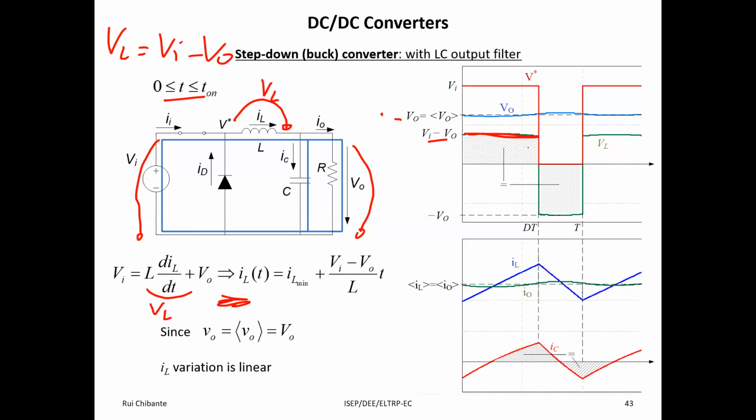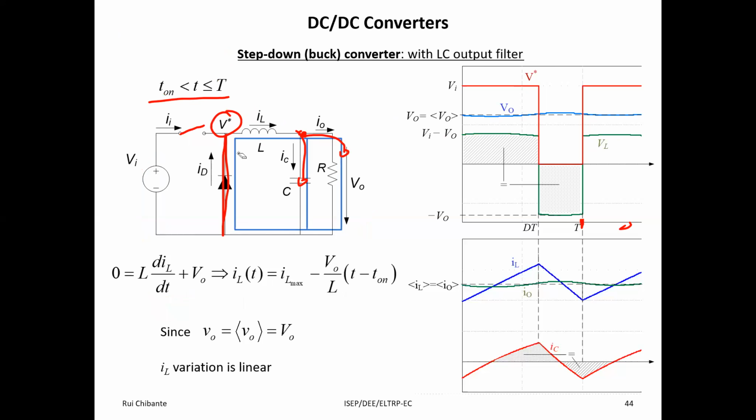In the first stage, inductor voltage, this green waveform, is VI minus VO. And in the second stage, what do we have? We saw that the diode is conducting. This is inductor voltage. This is output voltage. And since this is a closed circuit, VL is minus VO. And that's what we have here. VL is minus VO.